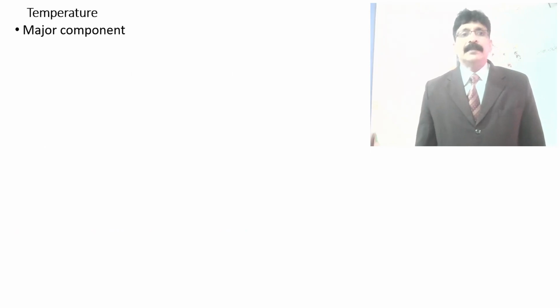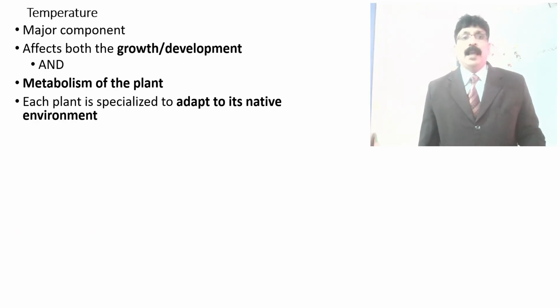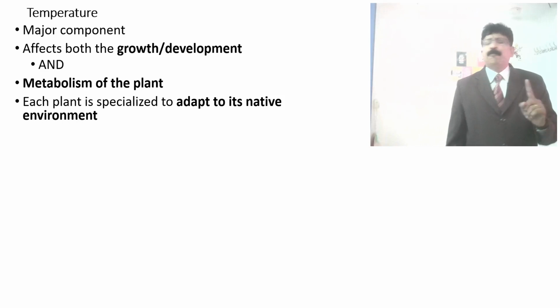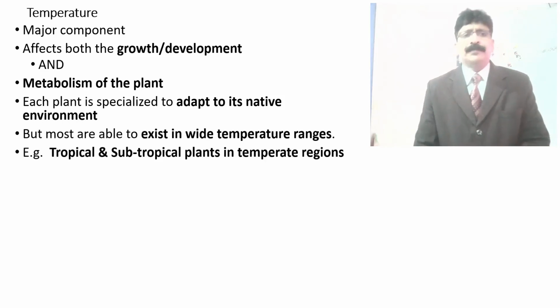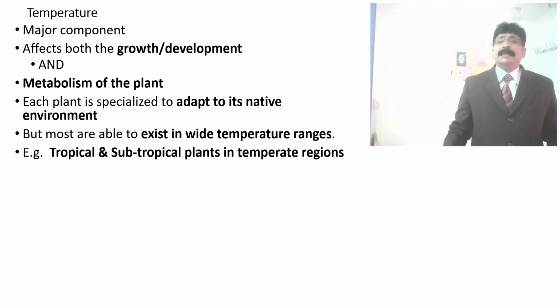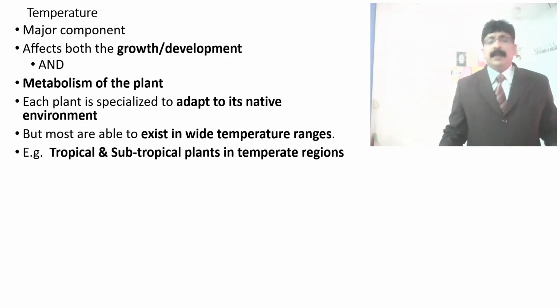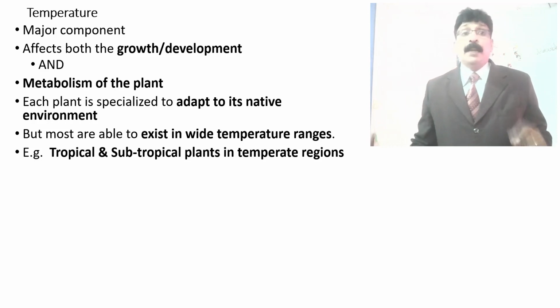Temperature is a major component affecting growth, development and metabolism of the plant. Each plant is specialized to adapt to its native environment, but most can exist in wide temperature ranges, for example tropical and subtropical plants in temperate regions.